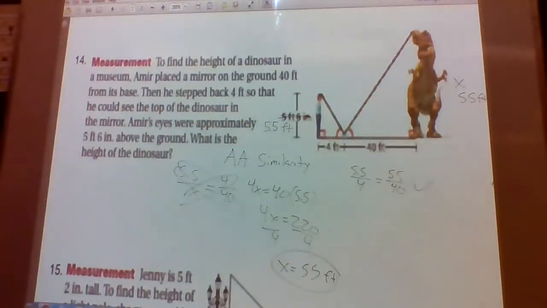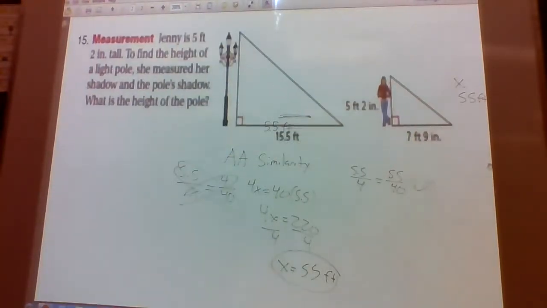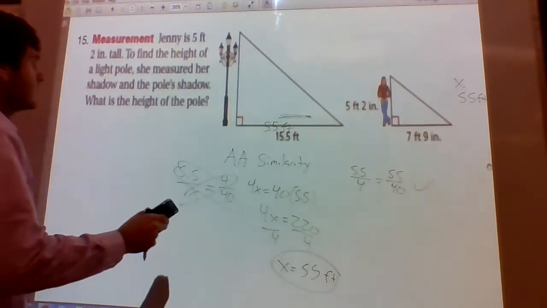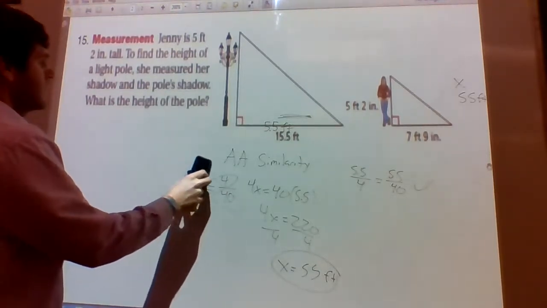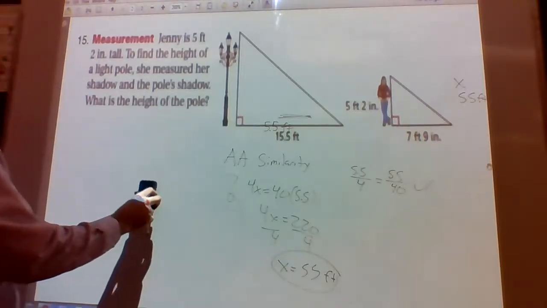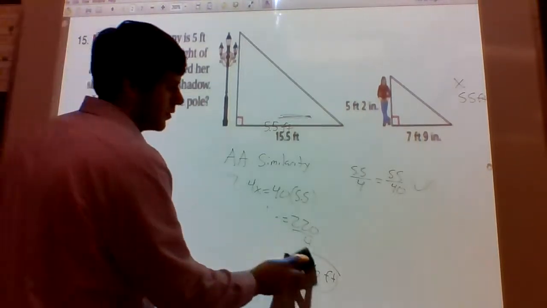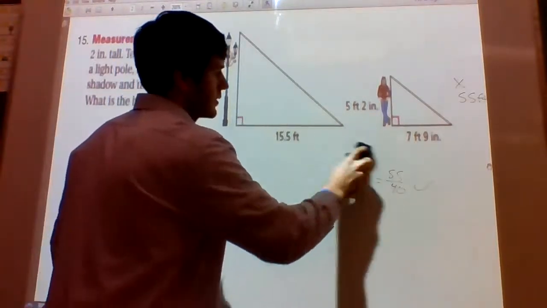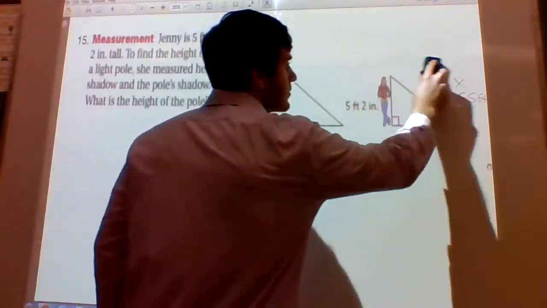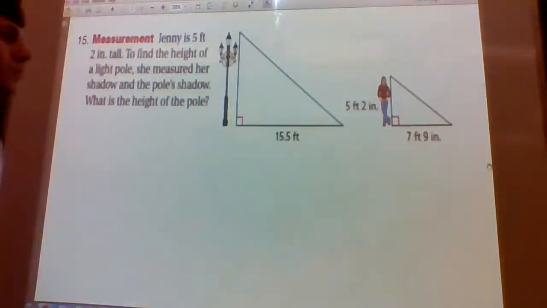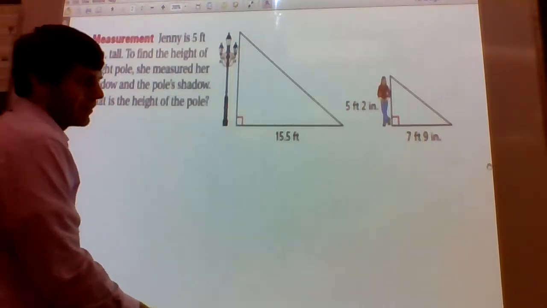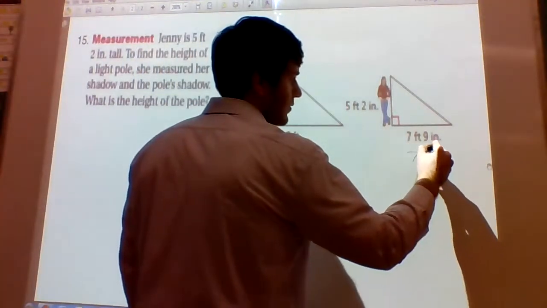All right. Last one. Jenny is 5 feet 2 inches tall. To find the height of a light pole, she measured her shadow and the pole's shadow. What is the height of the pole? So she's 5'2", and her shadow is 7'9", which is 7.75 feet.